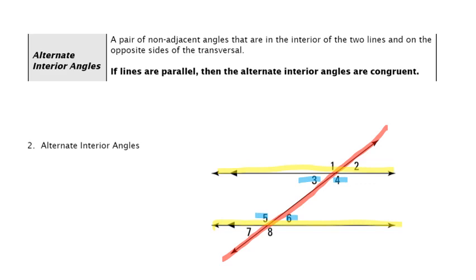And so we're looking at angles that are on the interior, but also alternate. So that means opposite sides. And again, we're not using this for vertical angles or linear pairs. So these are ones that are formed with both parallel lines. So angles on the inside that are on different sides would be like 3 and 6 and 5 and 4.